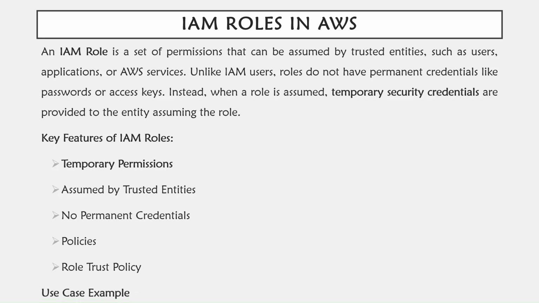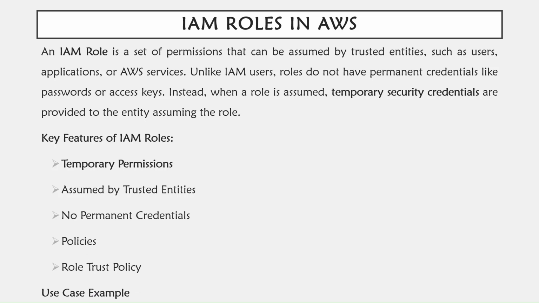So let's understand this with a use case example. Here I have taken an EC2 instance accessing an S3 bucket. A common use case for an IAM role is to allow an EC2 instance to access S3 buckets, rather than storing AWS access keys on the instance, which is a security risk. You can assign an IAM role to the EC2 instance with the necessary permissions.